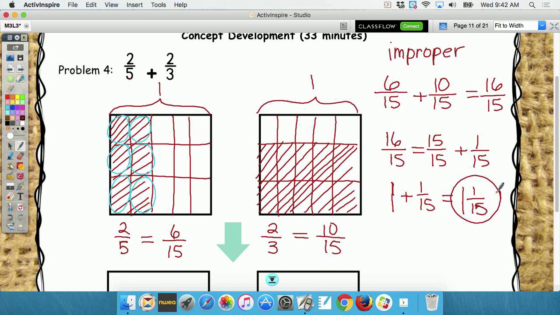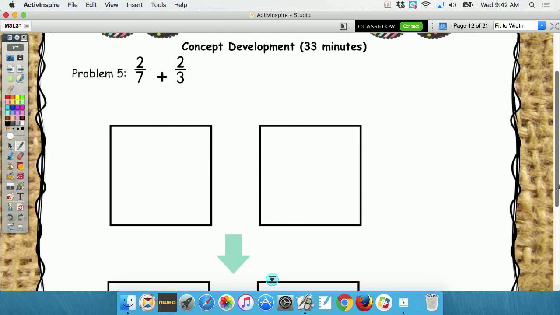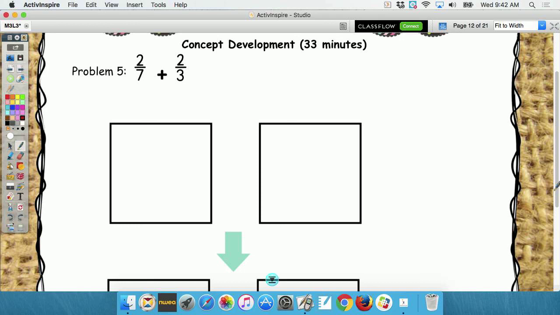Okay, so do we have 2 more or 1 more problem? 1 more, okay. So on this one I told you I'd show you how to do it without the area models. Now we're not going to get to this until like 2 weeks from now. But it's really fun, okay? So 2/7 plus 2/3. Here's how I do it without the area models.